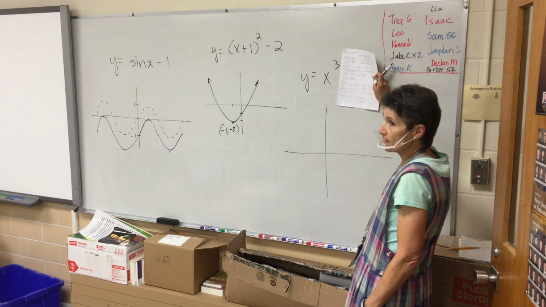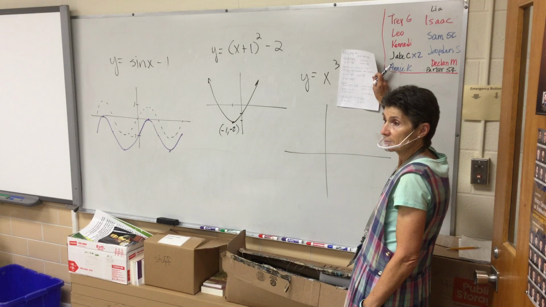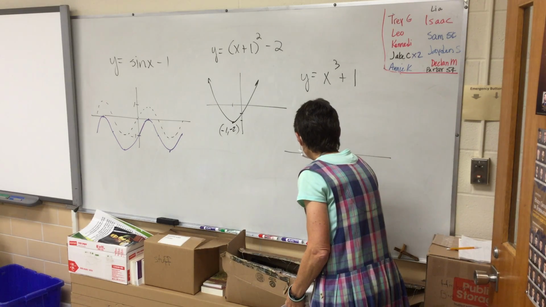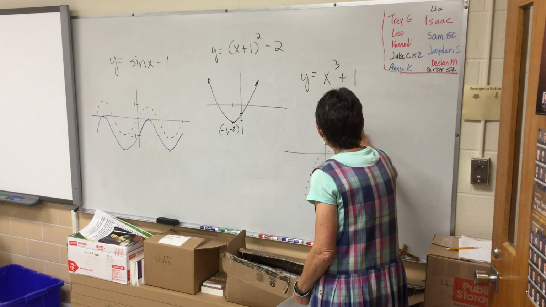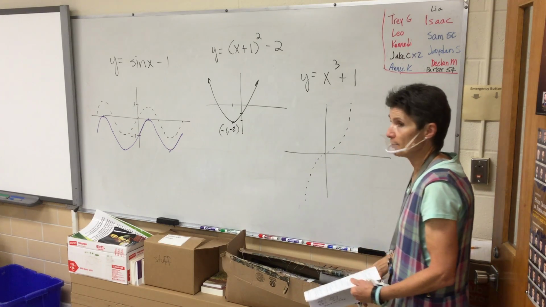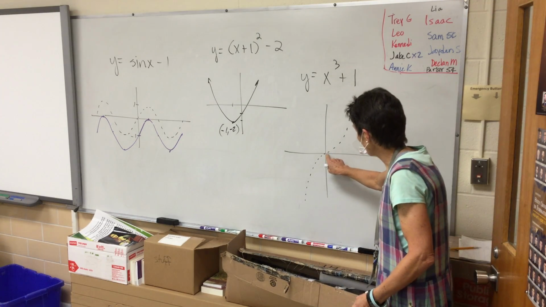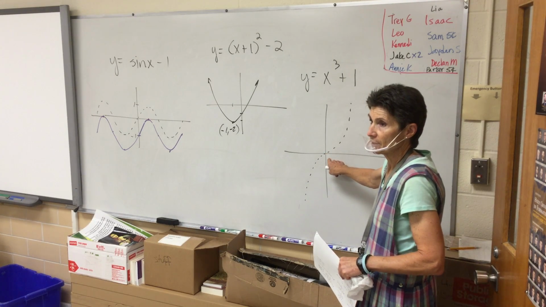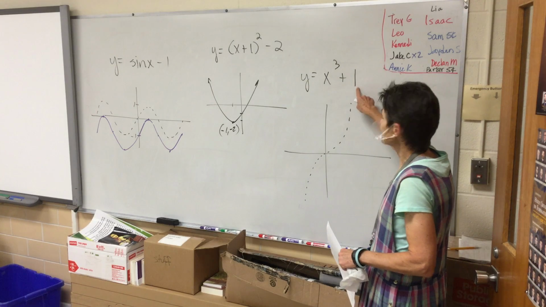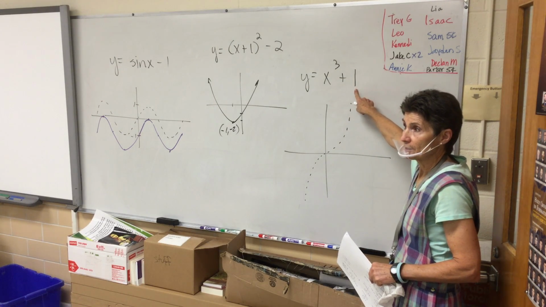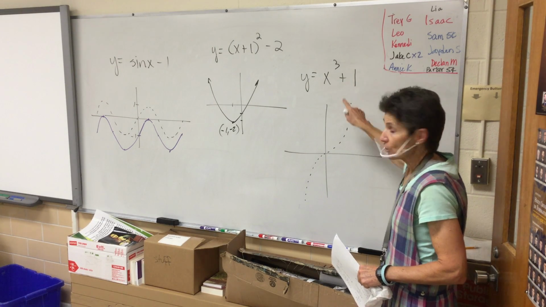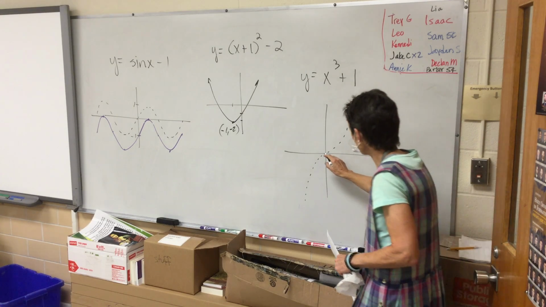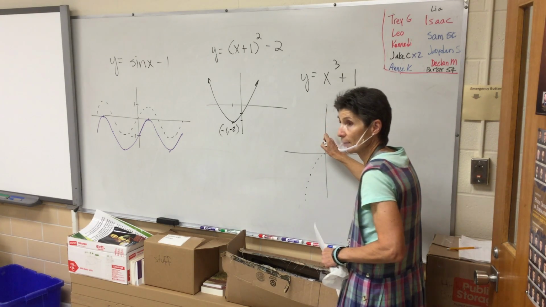We all know what that shape is, right? So I'm going to just dash that in here. We don't do our cubing that often, so that would be the cubing function. It kind of squiggles through the origin. The origin is like its squiggling point. Now what is that going to do to the picture? Move it up 1. So you're going to have that same picture, but now your squiggle point is up here, right?